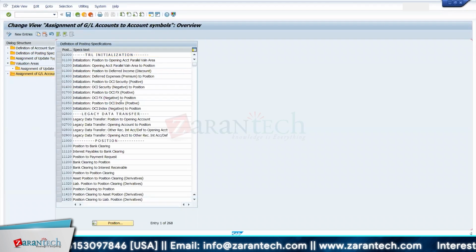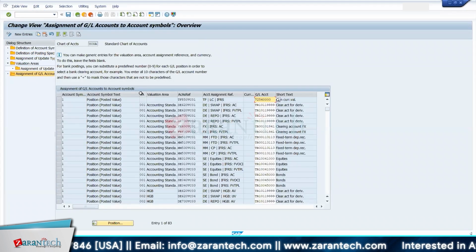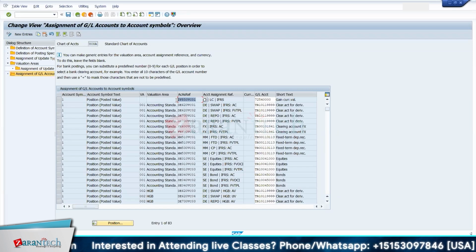So if you see this GL account determination, here we have valuation class, means books of accounts, so it's based on the leading, non-leading ledger, and we have account assignment reference. So that's why I did this derivation rule.